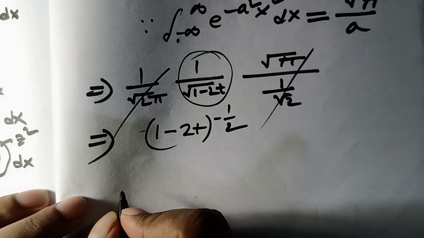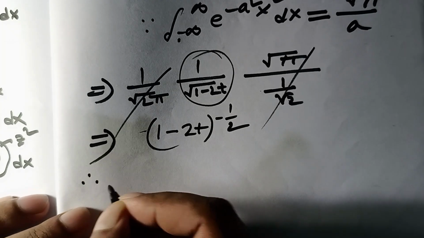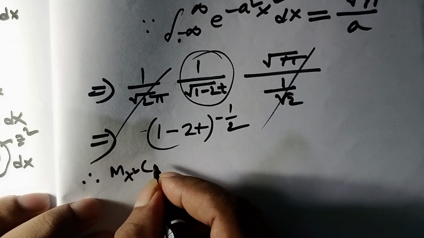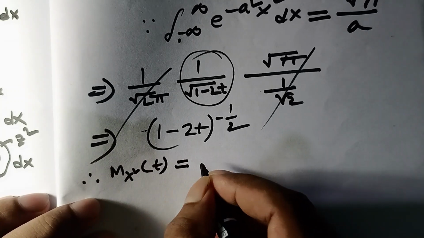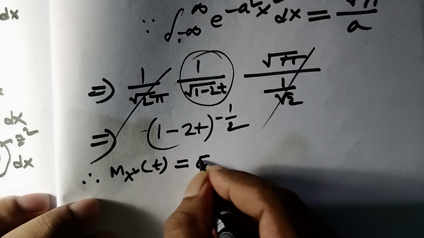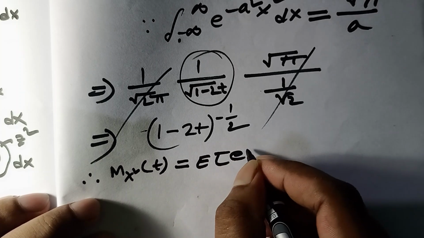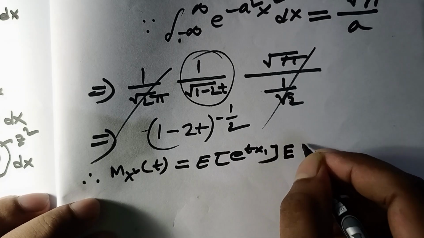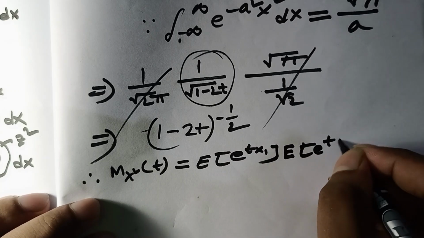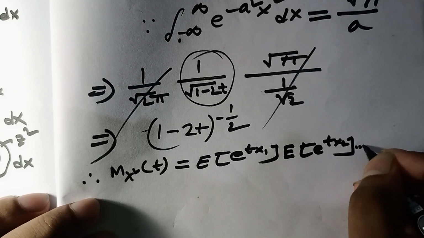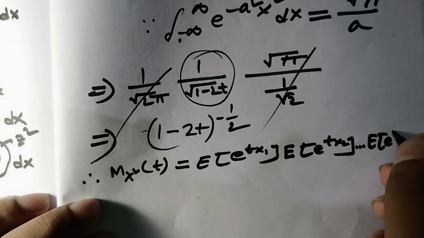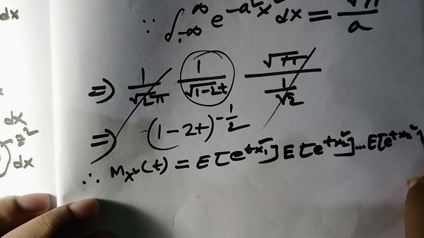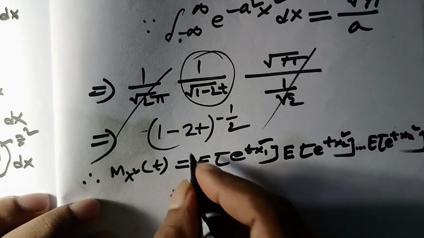Now it is my job to find the moment generating function for t, which I previously wrote in equation 1: expected value of e to the power t x1 squared, expected value of e to the power t x2 squared, up to expected value of e to the power t xn squared. Okay, now I will put in the values.